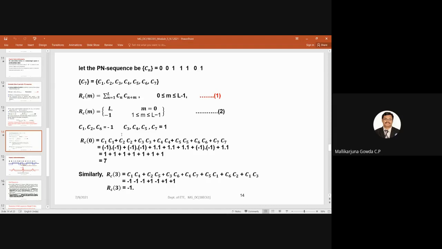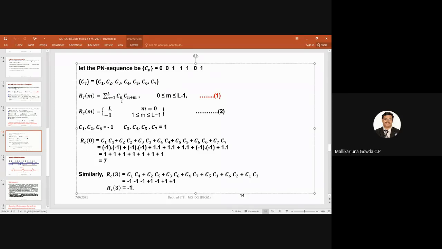Then I need to check when the value of m lies in the range less than or equal to L minus 1 and greater than 1, it should be minus 1. So I have taken here the value of m as 3, RC of 3. With that, you expand this summation, the value of m is 3, right?